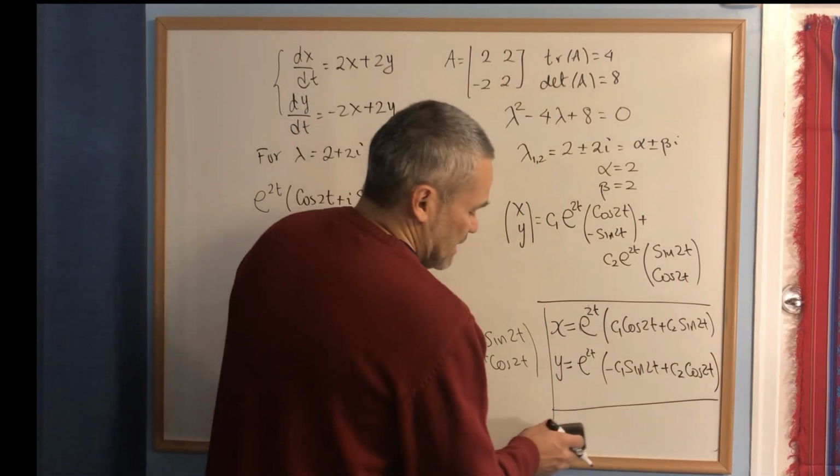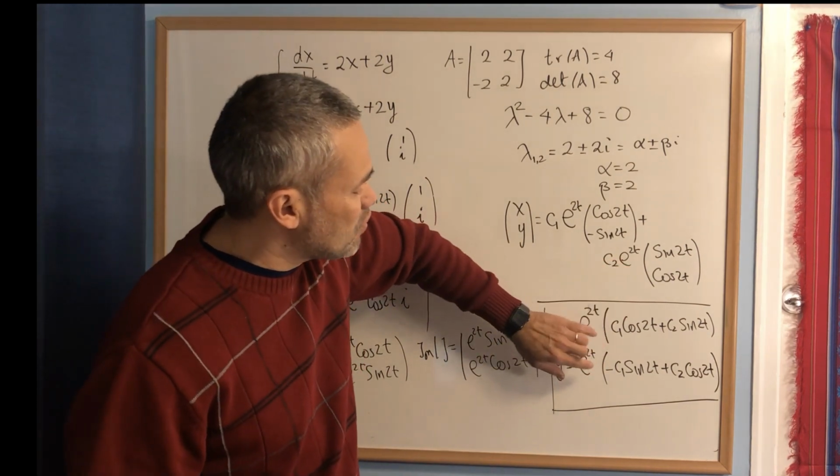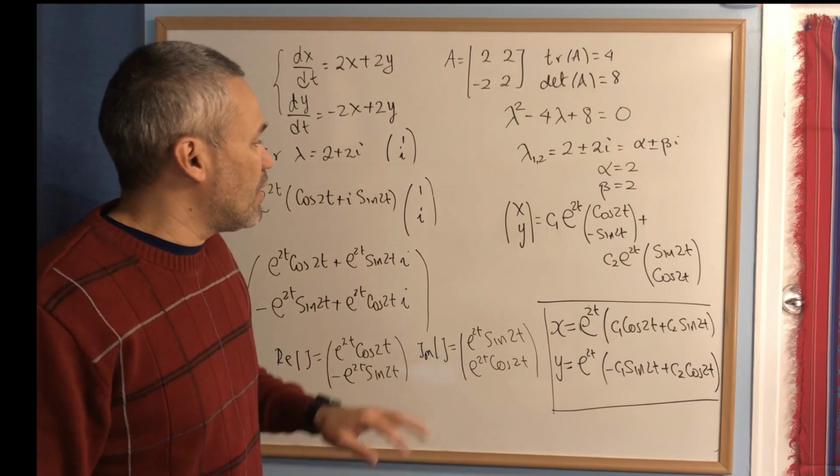This would be the general solution. As I mentioned before, the general solution is supposed to have a c1 and c2. I think I will stop here.